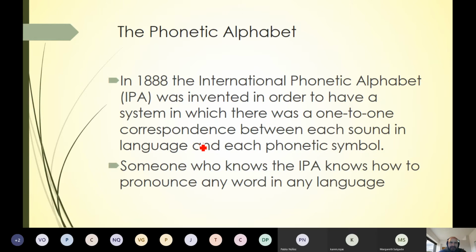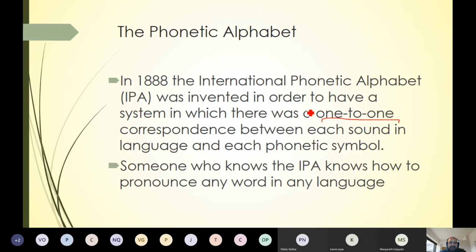That's why in 1888, the International Phonetic Association created the International Phonetic Alphabet. So the idea was to create a reliable system in which you can find a one-to-one correspondence between a sound and a symbol.